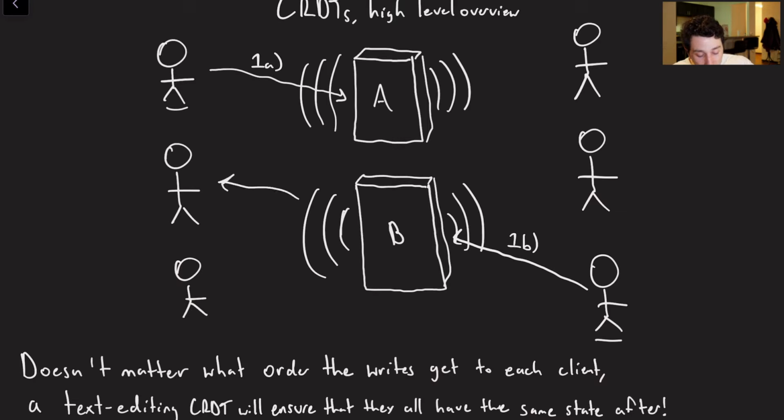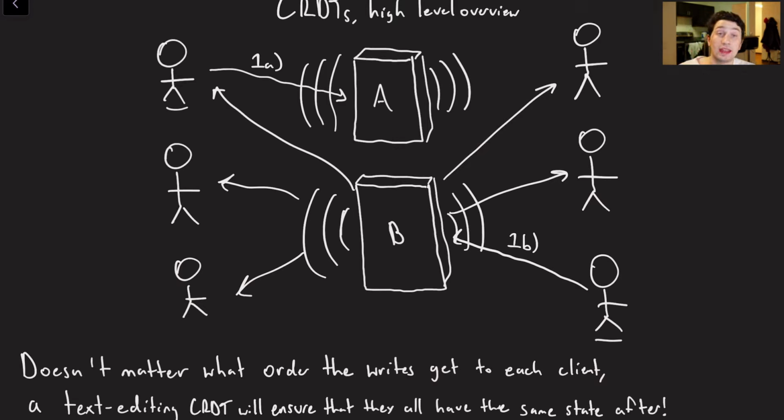The point is we can send the write out to every other one of our clients, and as long as all of those clients get the write, it doesn't actually matter what order they come in. We can just merge them together using our CRDT merge function, and then we'll all eventually converge to the same state.